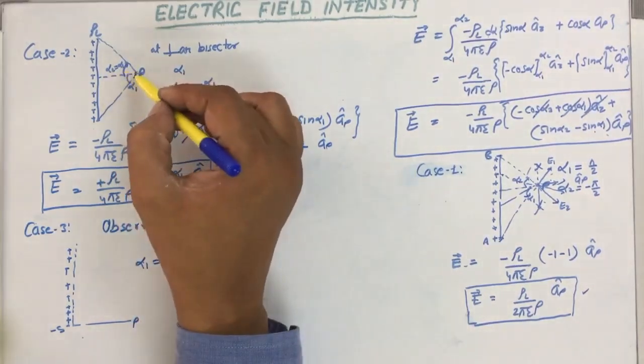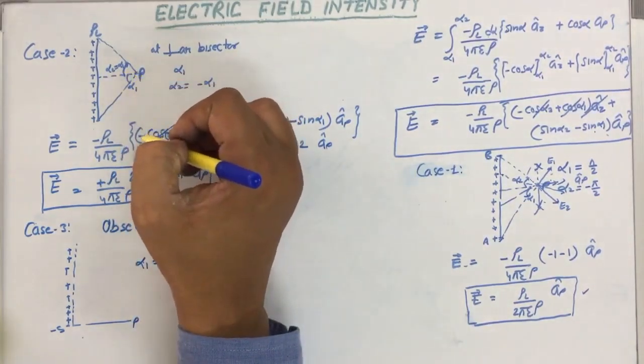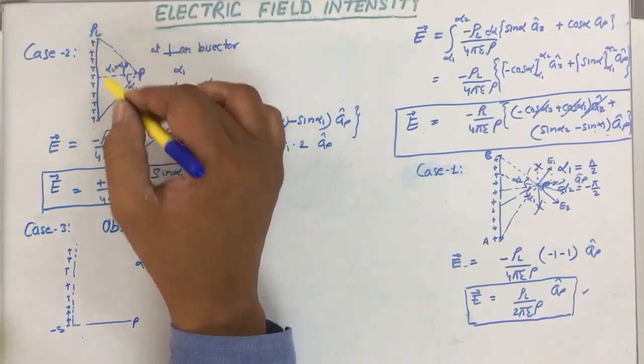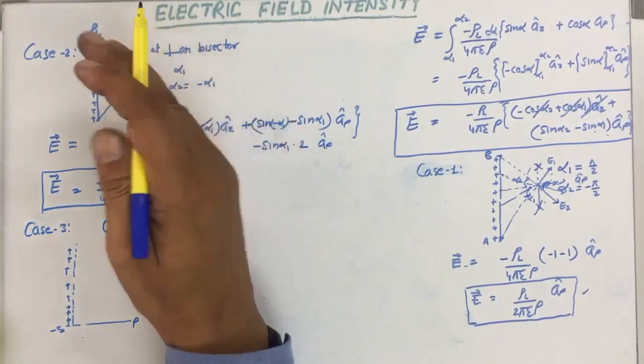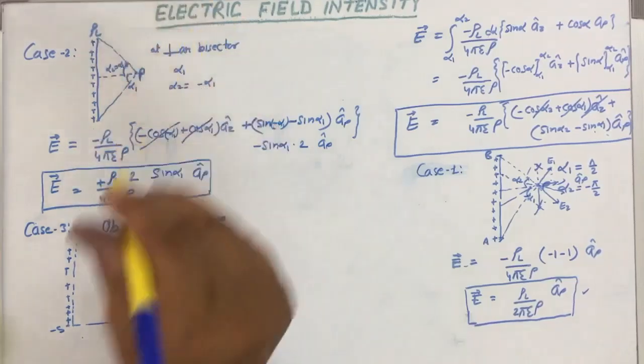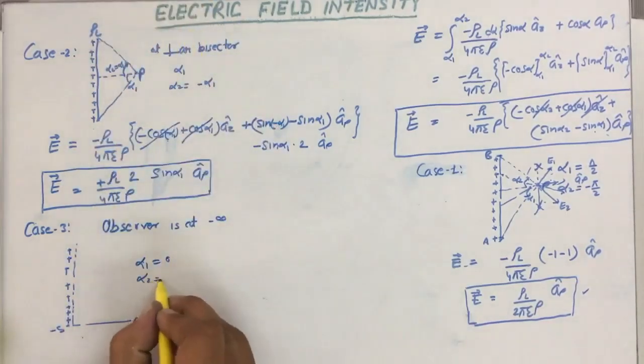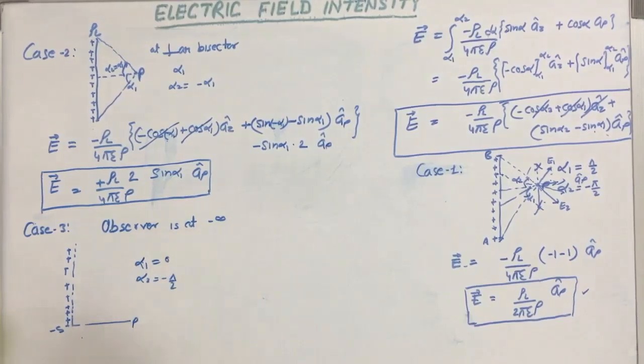You are at this end, so it seems that you are looking vertically, so alpha 2 will be minus pi by 2. Put the value here and try to find the electric field intensity.